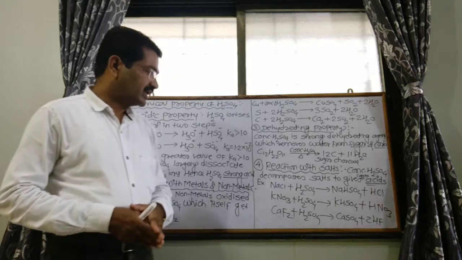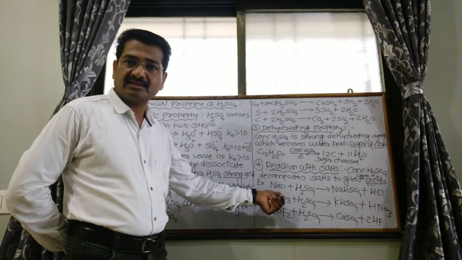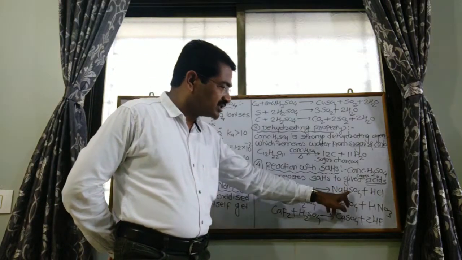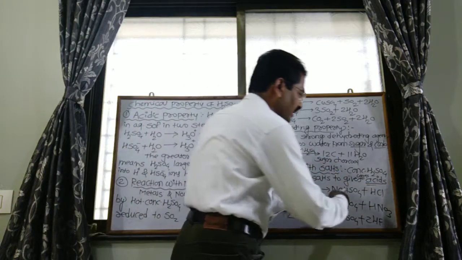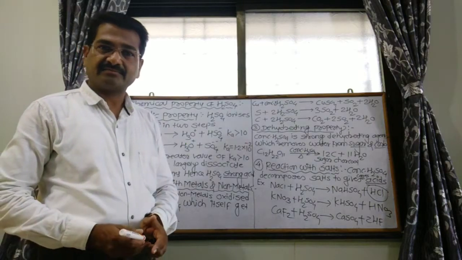For example, first, sodium chloride, the common salt, reacts with sulfuric acid to give sodium bisulfate with HCl. It forms the acid, hydrochloric acid.